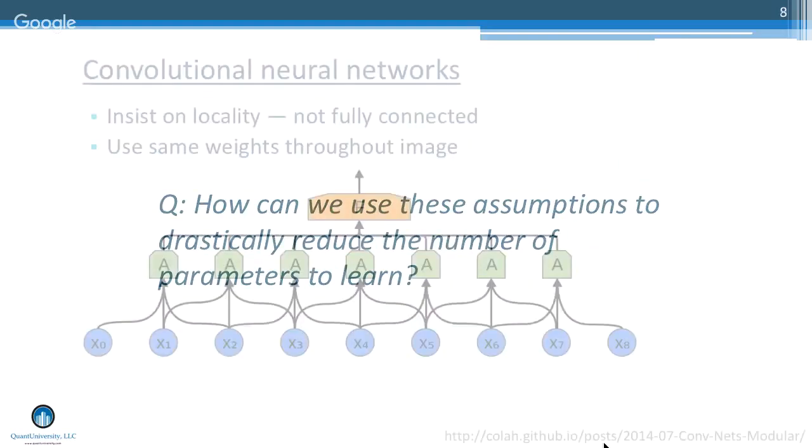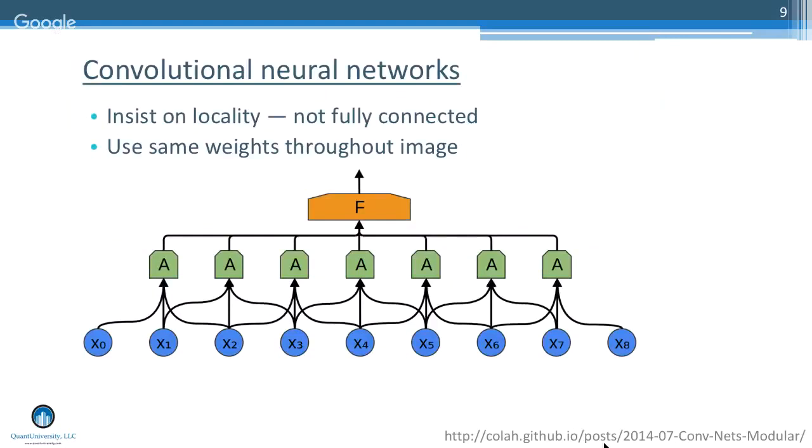So let's look at this in terms of pictures. Locality: rather than connecting all of my inputs to every single one of my hidden units, I'm going to look at just 3 inputs at a time. This is a 1D example, but you do the same thing in more dimensions. Each of these hidden units is only going to be a function of the 3 connections next to it. And then for invariance, for each of these hidden units, the 3 weights leading into it are going to be the same.